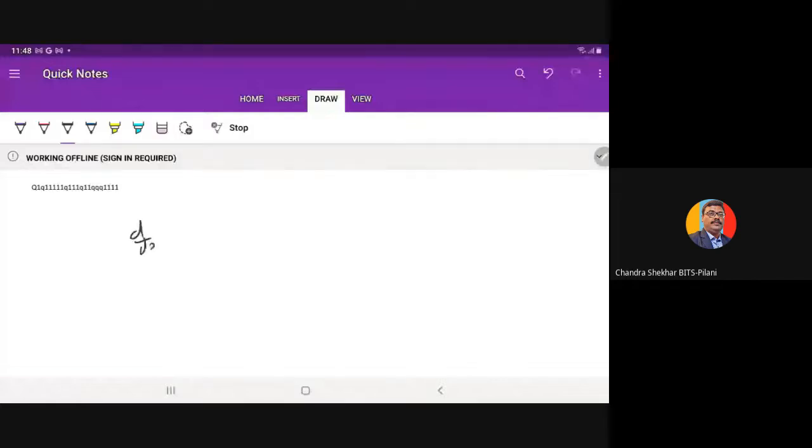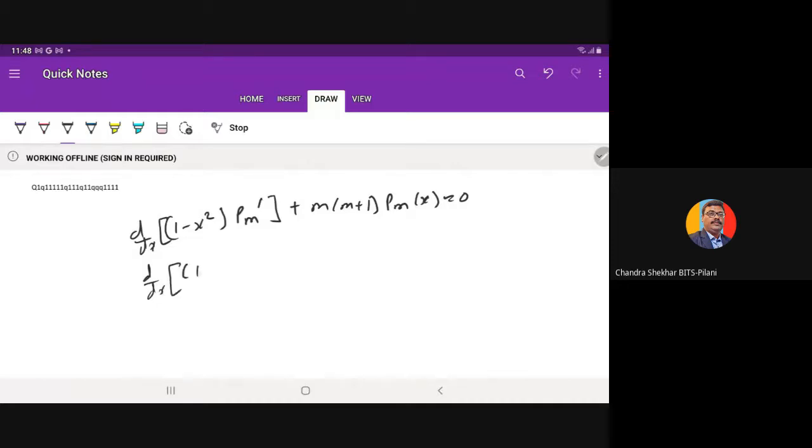We have d/dx of (1 minus x square) Pm dash plus m into (m plus 1) Pm is equal to 0, and d/dx of (1 minus x square) Pn dash plus n into (n plus 1) Pn is equal to 0.